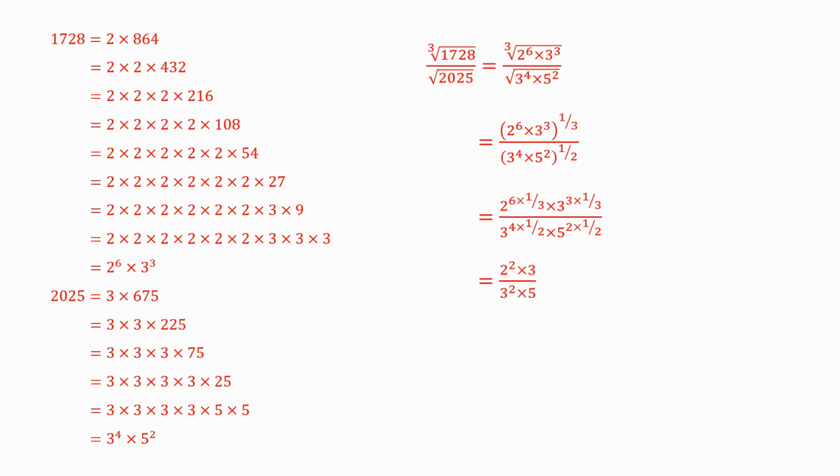Then we cancel out the 3 in the numerator by one of the 3's in the denominator. We have 2 squared over 3 times 5, which is equal to 4 over 15. So therefore the cube root of 1728 over the square root of 2025 is equal to 4 over 15.